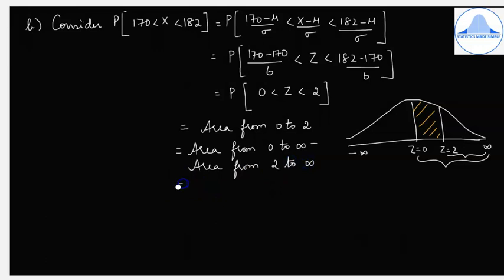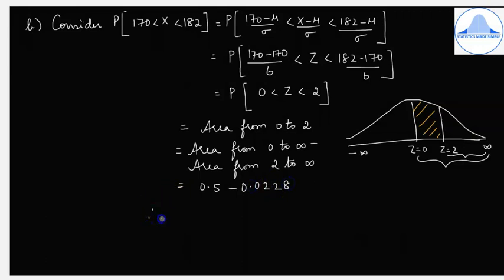As all of you are aware, the total area under the normal curve is unity, or 1. So from the central line, that is z equal to 0 to infinity, the area is 0.5, minus the area from 2 to infinity, which can be found from the tables, and this is 0.0228.